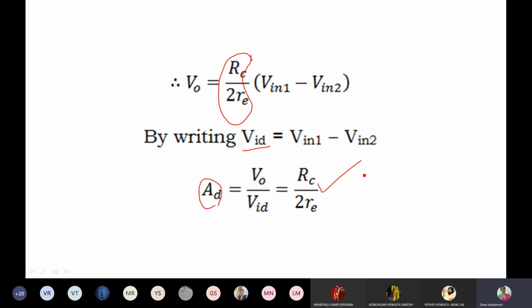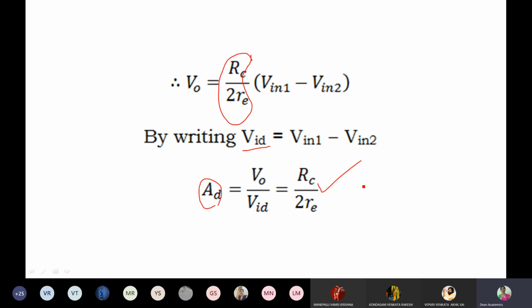That means in words we say that the differential gain of dual input unbalanced output differential amplifier is half of the differential gain of dual input balanced output differential amplifier, right?